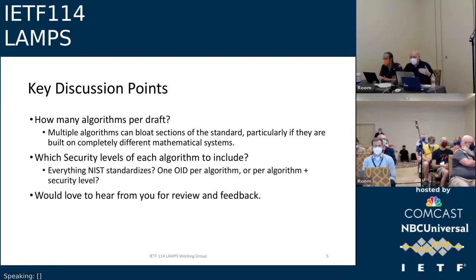Or do we want one draft per algorithm? I think it's really important to know this in order to structure the call for adoption. Take a poll. Okay, we can do that.